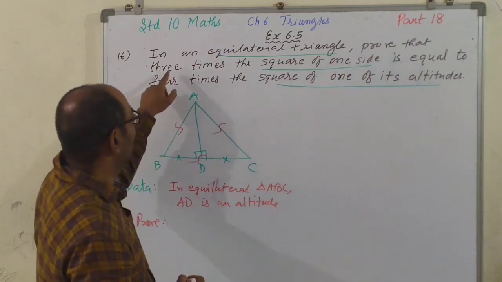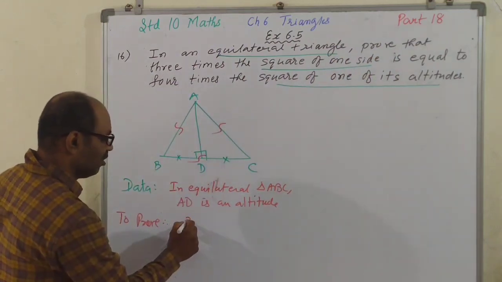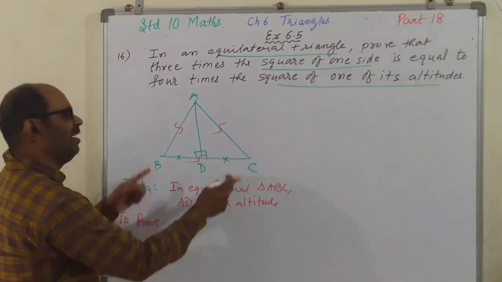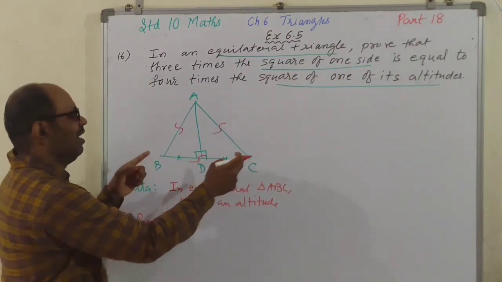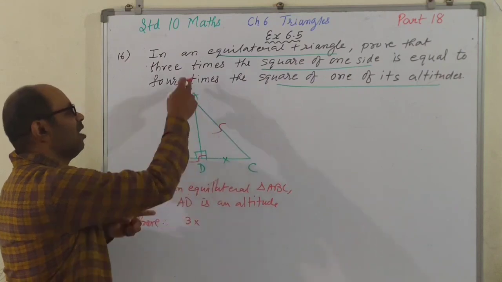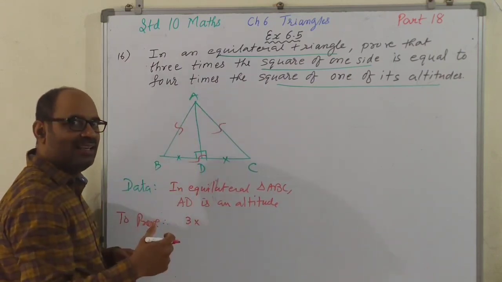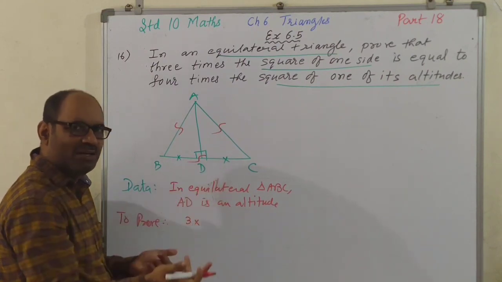Prove that 3 times the square of one side, any side. Let me pick up BC only because altitude is drawn to BC. You may take AB, you may take AC because AB equal to BC equal to AC.